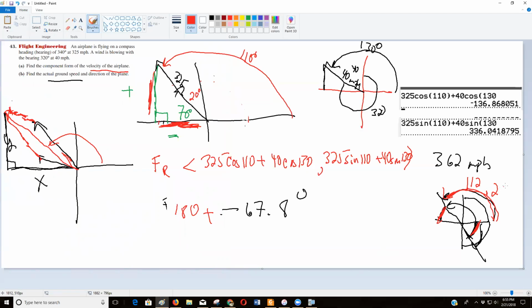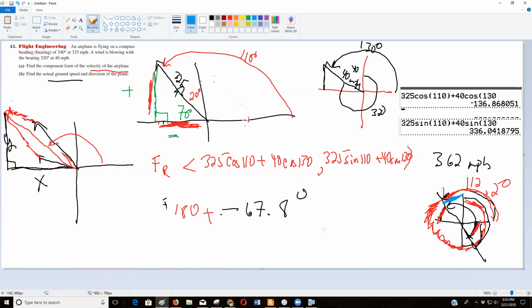But since we want a compass reading, compass bearing, we have to go from here all the way around to here. And there's a couple of ways to do that. I know that the angle between the positive y-axis and that terminal ray, that angle right there that I'm doing in blue, is just going to be 112.2 minus 90.